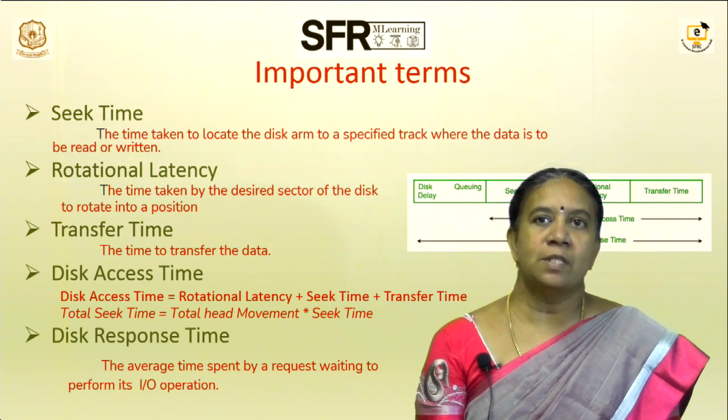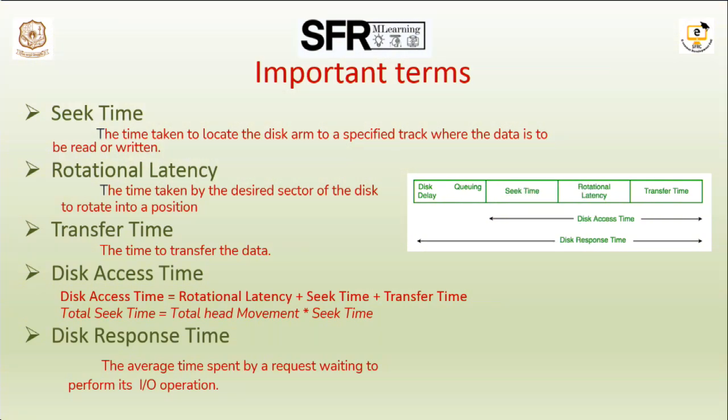We have to know about some important terms. The first one is seek time. It is the time taken to move the disk arm to a specified track where the data is to be read or written.